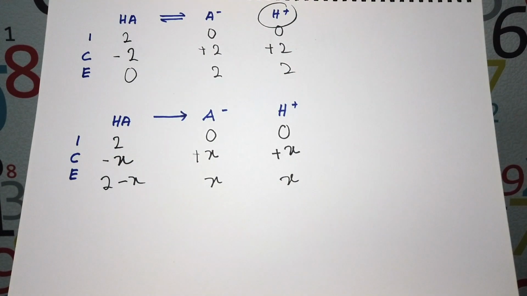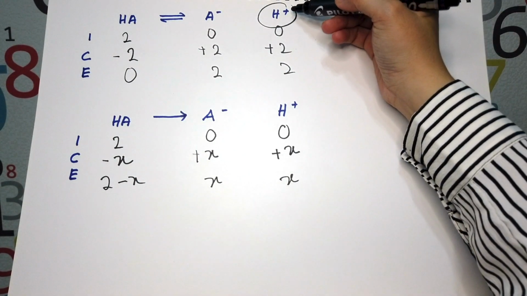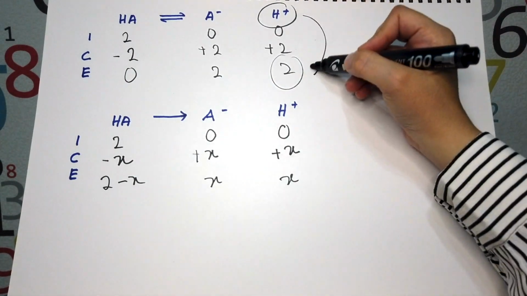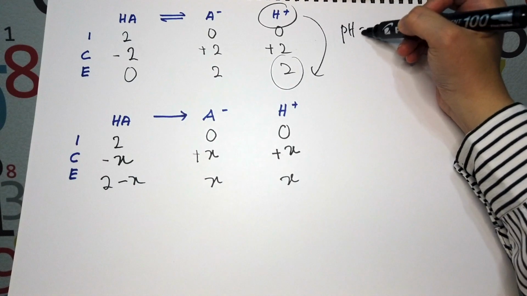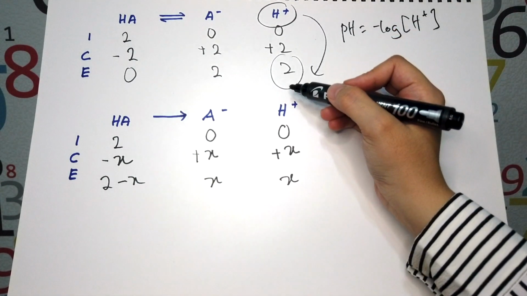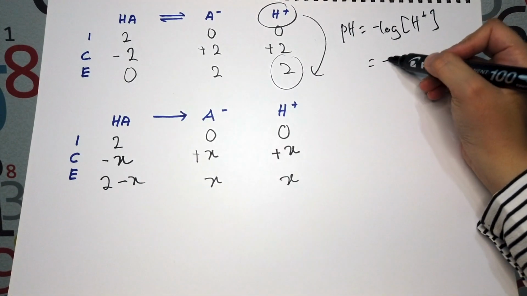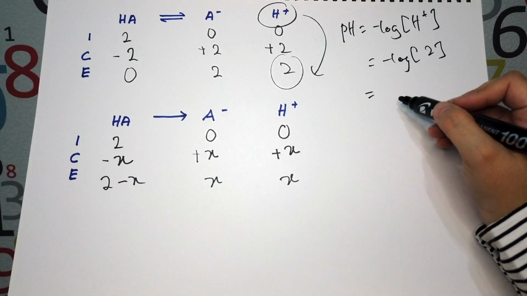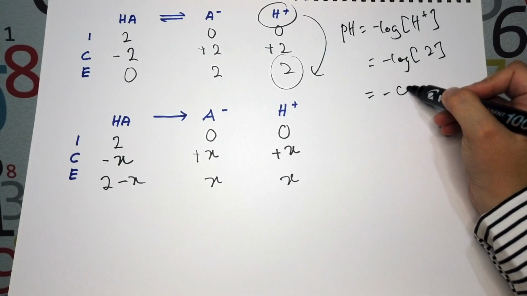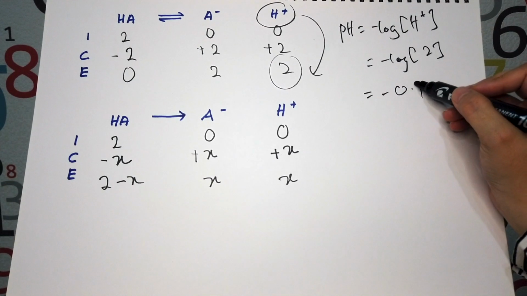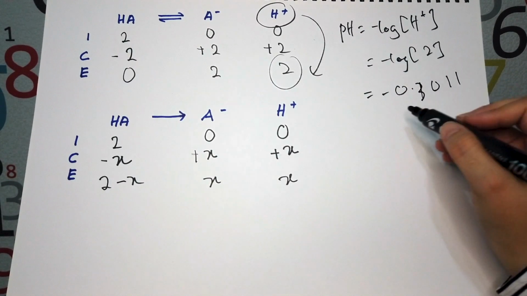Usually for the strong acid, the most important part of the ICE diagram is the H+. If it's 2, you can directly calculate the pH, which is equal to -log H+. You already know the value of H+ is 2, so the pH is -log 2, which gives around -0.3011.